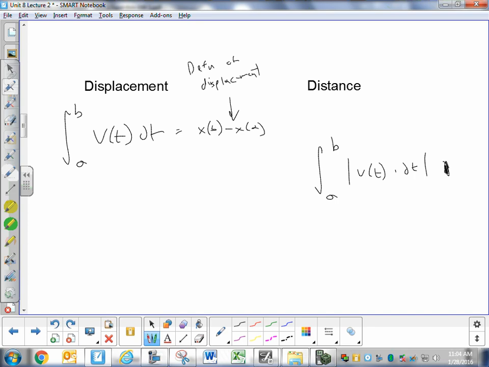But one of these things I know is always going to be a certain type of value. What do I know is always going to be a certain value? dt, the change in time, is always positive if we're going from left to right. dt is going to be positive, therefore I can make this look like this.